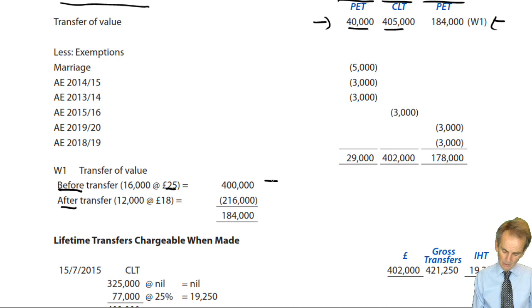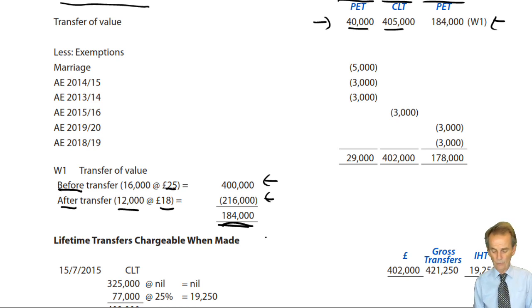That therefore in total would give us 400,000, as compared to afterwards. After that transfer, what do we have? 4,000 shares were given away, 12,000 shares remain. That was a 60% interest, and they carried an £18 per share price, giving us in total 216,000. Take one from the other, transfer of value 184,000.